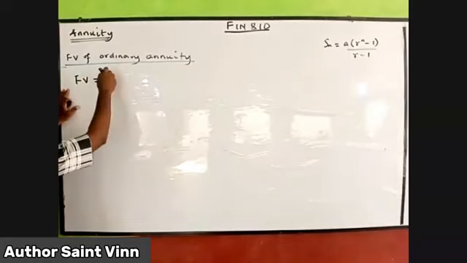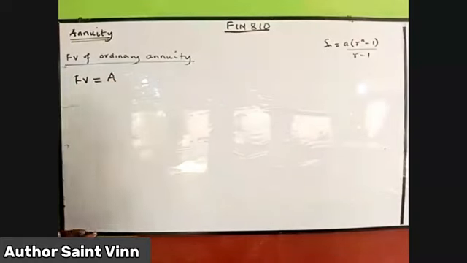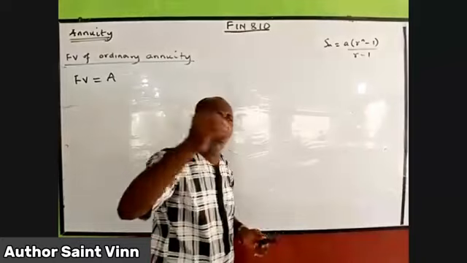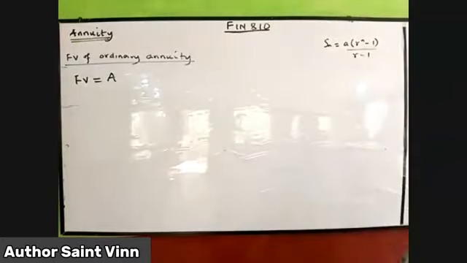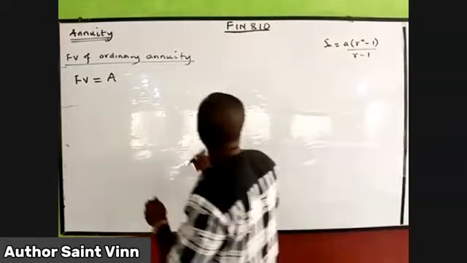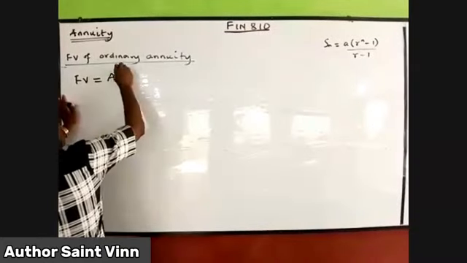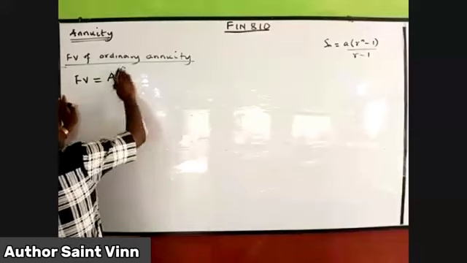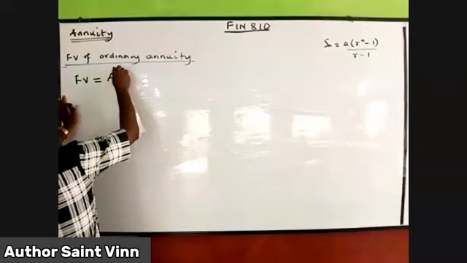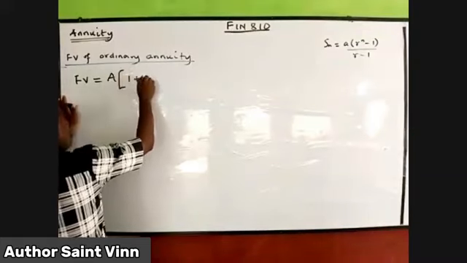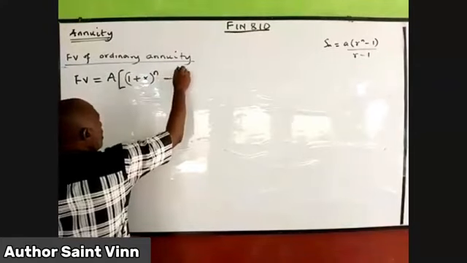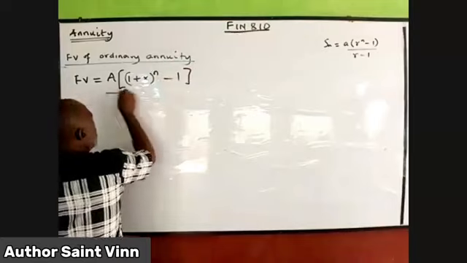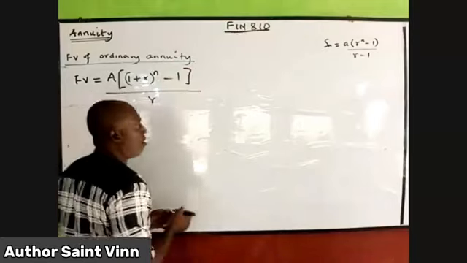That A you are seeing there, I put it as capital A. That capital A is the amount you'll be paying daily or weekly or yearly. And in the brackets, we'll have something like this: 1 plus R raised to power n minus 1, all over R.